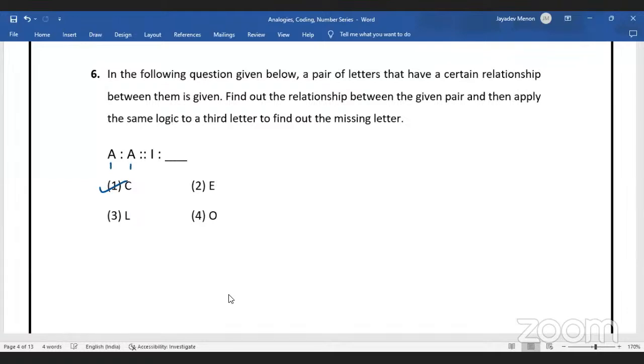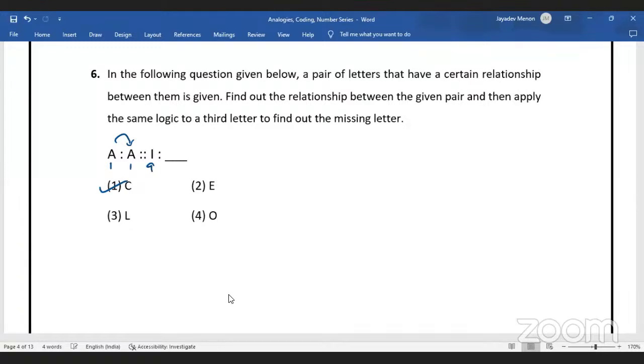Now here also this is 1. So from this one, how are we getting the next one? It can be 1 into 1 or 1 divided by 1. But if it is 1 into 1 or 1 divided by 1, here alphabetical position of I is 9. So 9 into 1 should be 9. 9 divided by 1 should be 9. So we will get I here. So some other pattern is used.